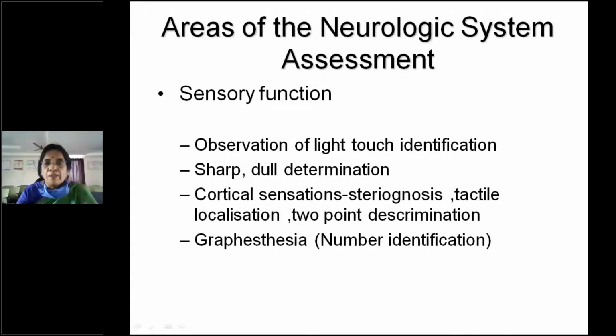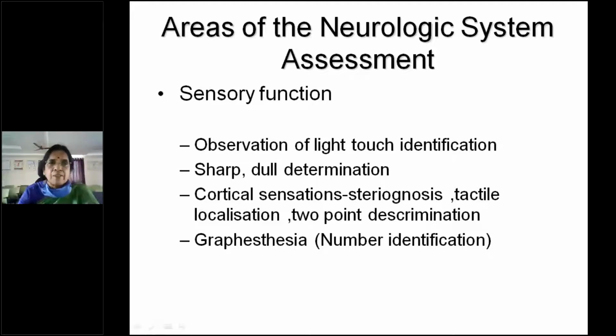This is also a sign of extrapyramidal system involvement. Then chorea, usually with caudate nucleus involvement, and athetosis; these are all abnormal movements. If the patient has those things, we have to mention them.